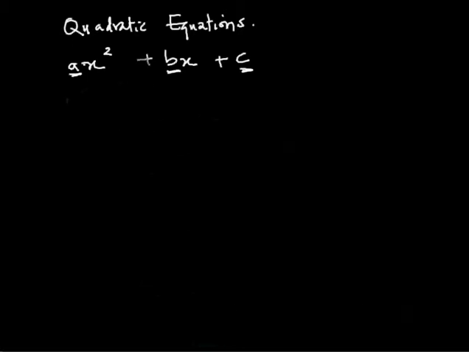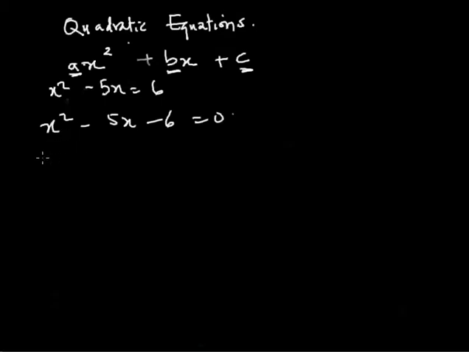Now, another equation that we would like to solve is x squared minus 5x is equal to 6. If we rewrite this equation, we have x squared minus 5x minus 6 is equal to 0. Then we need to solve for x.